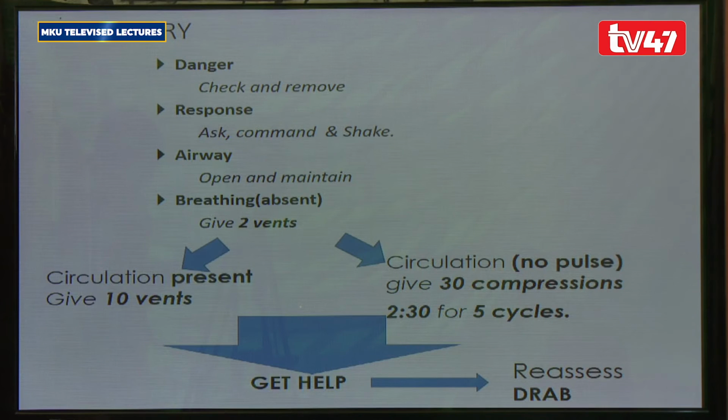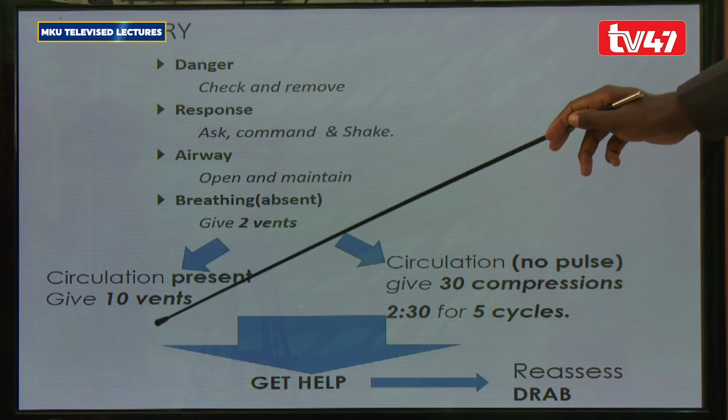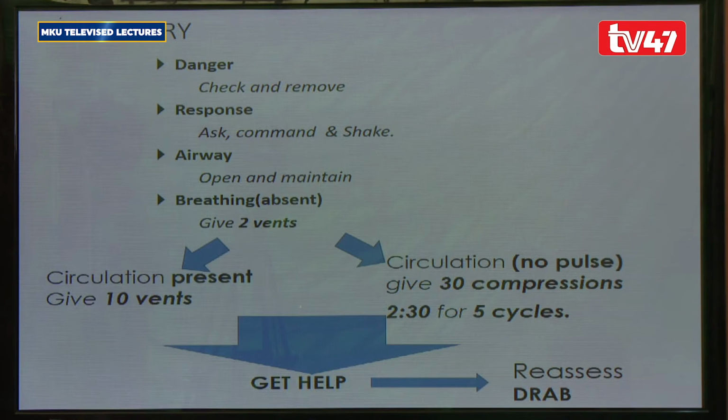Airway. Always ensure that the airway is open and maintained, right? The maneuvers we've talked about. Breathing. If it's absent, this is when you're thinking about, now we need to resuscitate this person. In absence of breathing, 2 ventilations, and if circulation is present, give 10 ventilations, if you have ascertained that there is cardiac activity and circulation is ensured.